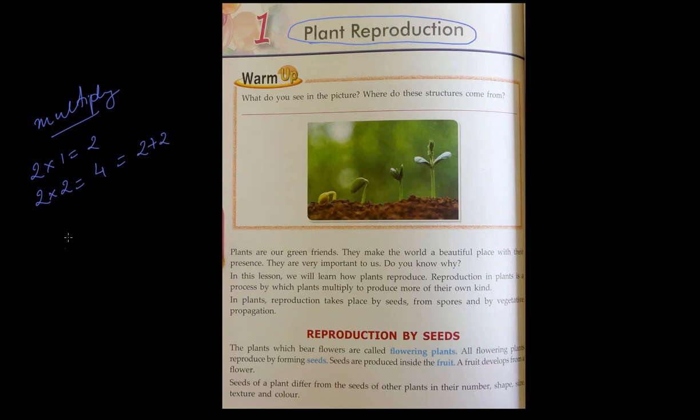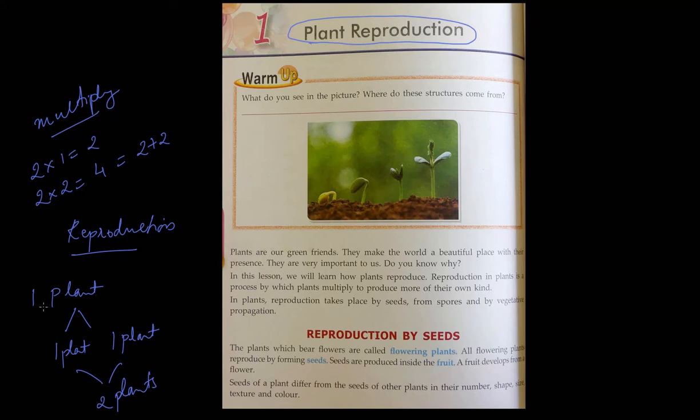Same way in reproduction, what happens is, one plant is there, it becomes two plants. Again, one plant, so it becomes what? 2 plants.